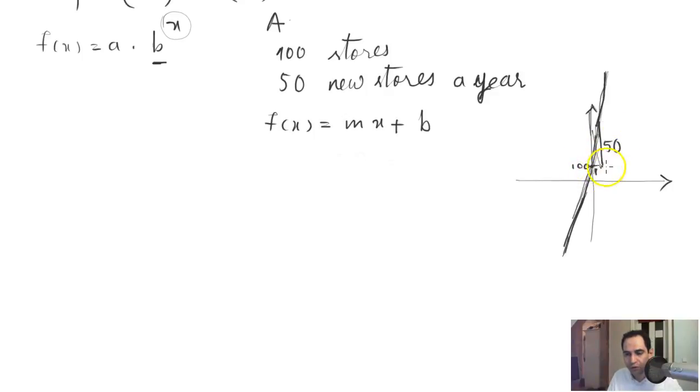It's 50 to 1, so the slope becomes 50. So this kind of function has a slope. Of course, we have to continue in the next video. I'll see you in the next video.